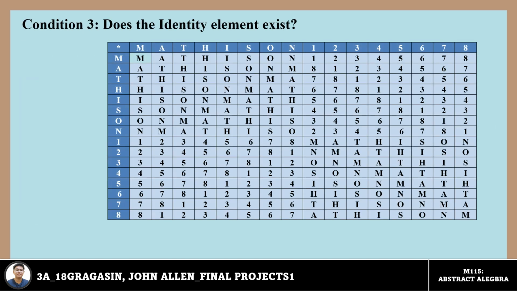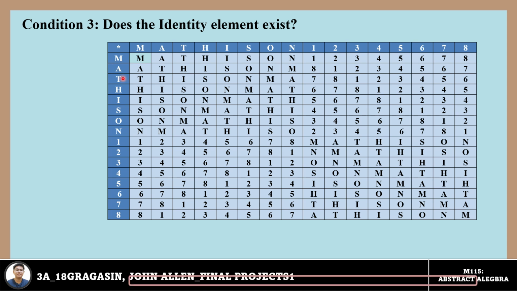for condition 3, does the identity element exist? In order to find the identity element, let's look for the row that has the same form as this, and look for the column that has the same form as this, and their intersection would be the identity element.